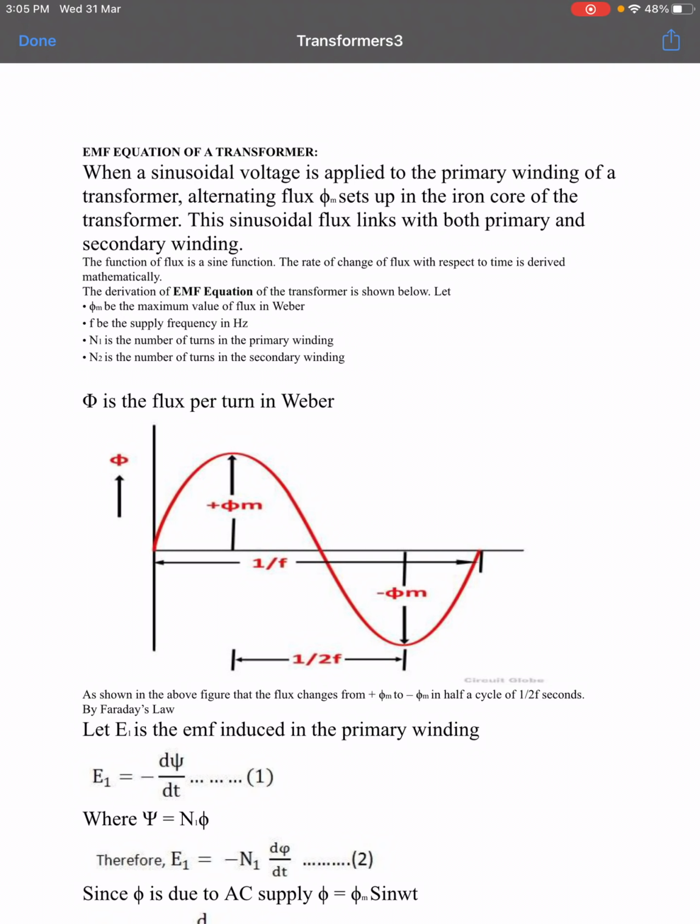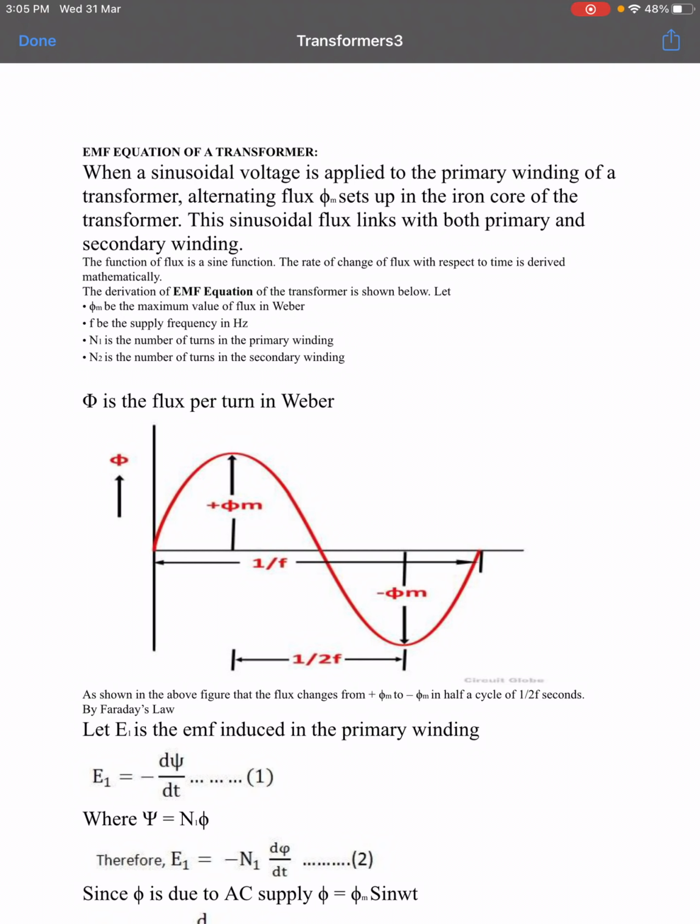So E1 equals d psi by dt. Psi is nothing but the number of turns into the flux. Here phi is the flux per turn in Weber, so we can write psi equals N1 into phi.